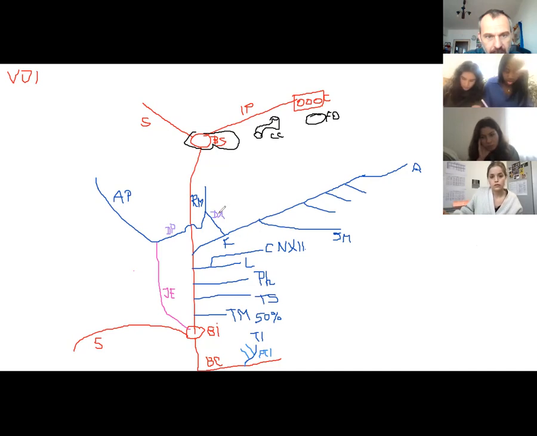Do you know any other vein which bifurcates? One large vein, very large vein. The common iliac.